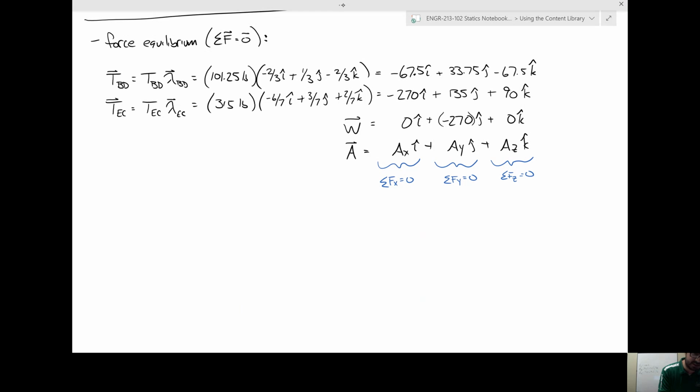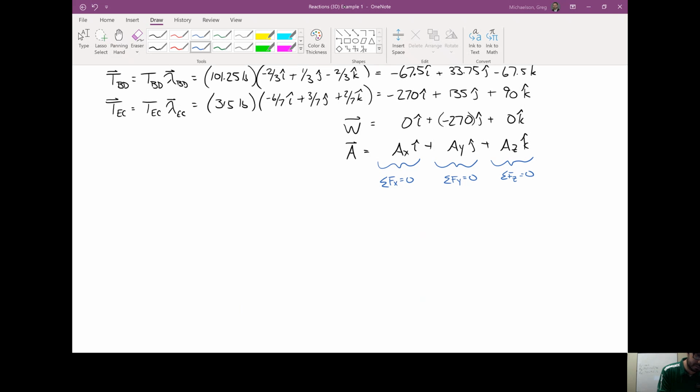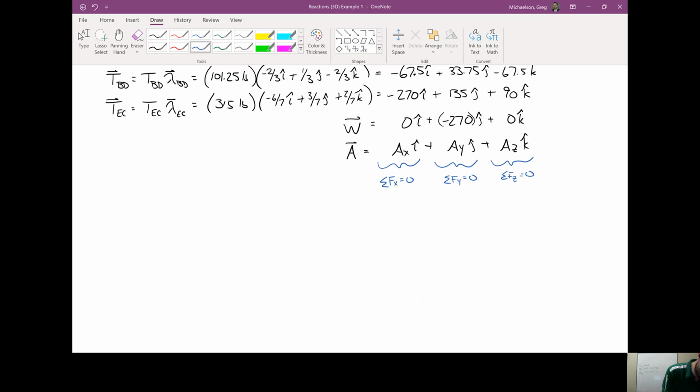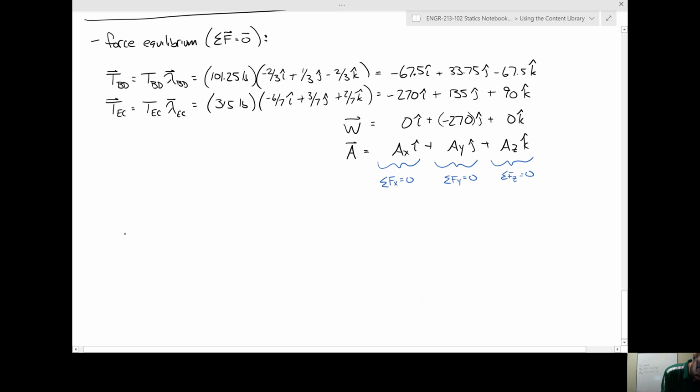So let's take each of these one at a time. If I sum forces in the X direction, I'm going to get AX, and then minus 67.5, and minus 270 equals 0, right?